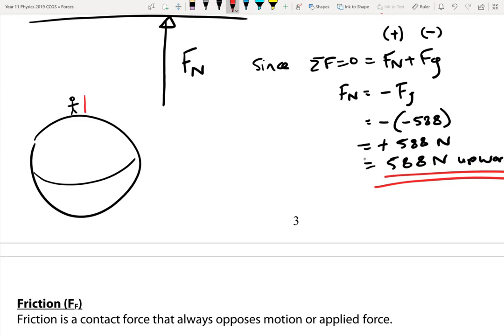Now, here's my force of gravity, right? That's the force of the Earth pulling you down. You are actually pulling the Earth upwards with equal and opposite. So, okay, if I have a weight of 700 newtons, I'm actually pulling the Earth towards me with a force of 700 newtons.